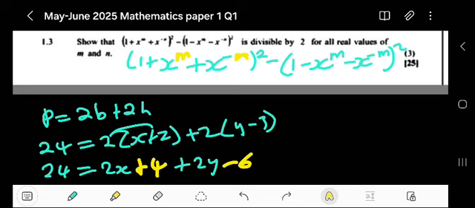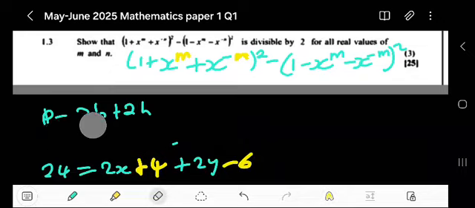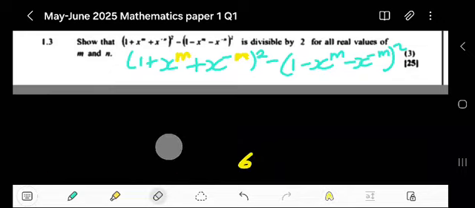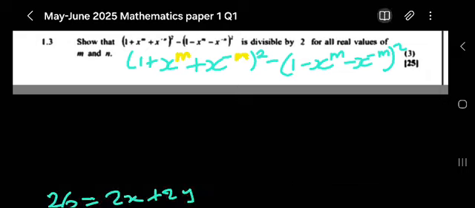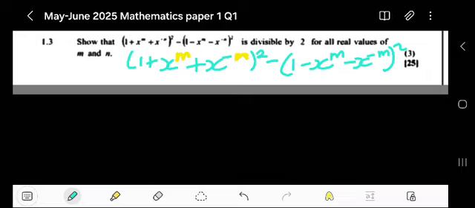So they say show that, given that expression. Actually, this is a difference of 2 squares. This thing is the same, but you see that you have minus.